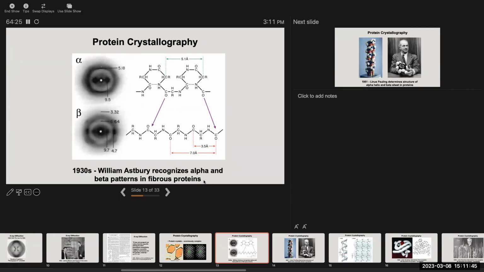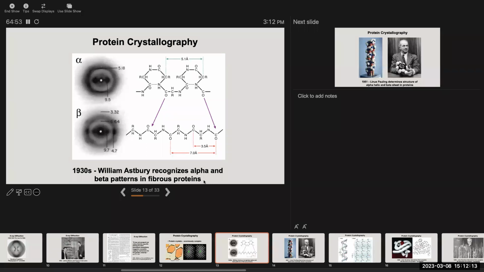Then some other fibers he would put into this X-ray crystallography device, and he would get a different pattern that he called the beta pattern. And this had spacings of like 3.3, 6.6. Well, 6.64 is just a multiple of 3.32, so that's probably just the same thing repeating itself. But then he got a couple of other spacings as well.